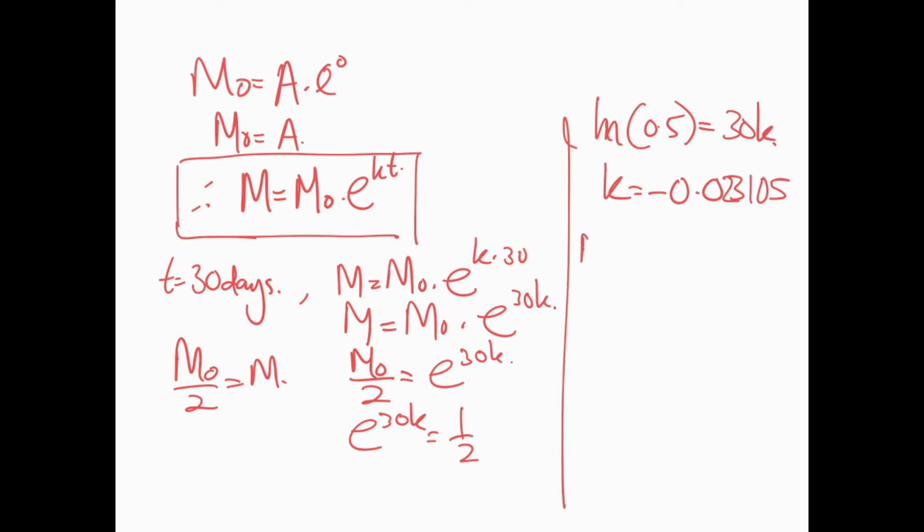So if I deduce a formula, m equals m0 e to the power of negative 0.023105t.